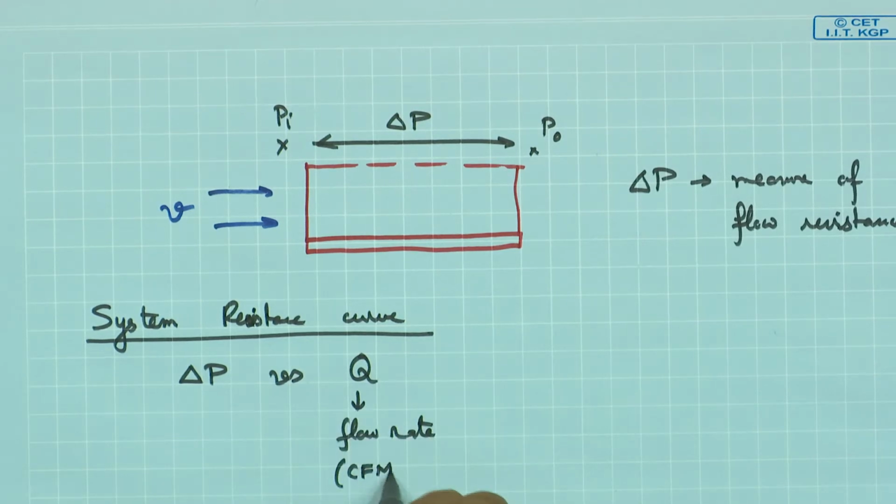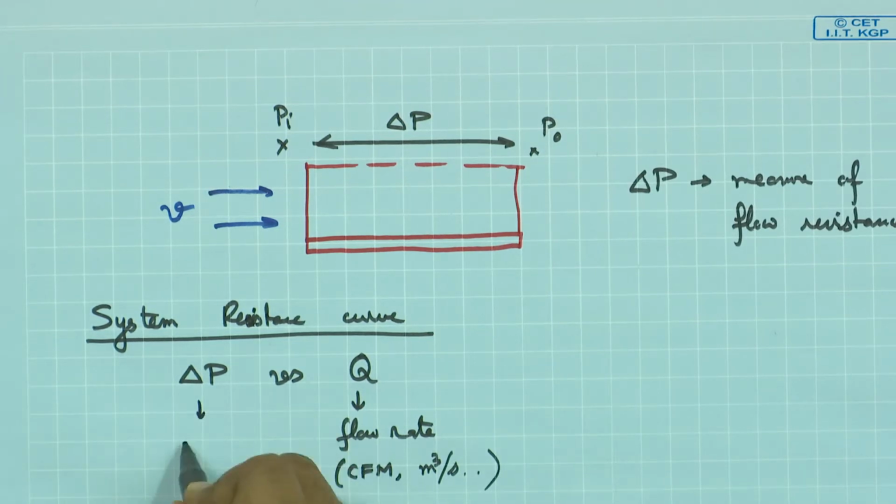It can sometimes be expressed in CFM, cubic feet per minute, sometimes meters cube per second, and so on. Delta P typically is Newton per meter squared or pascals, or sometimes even inches of water.